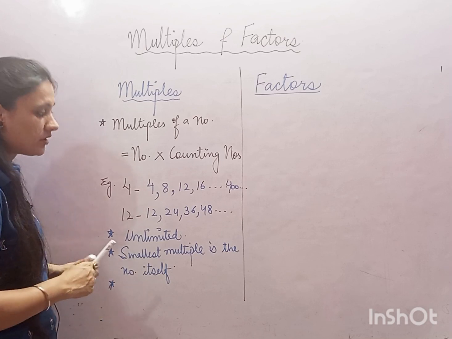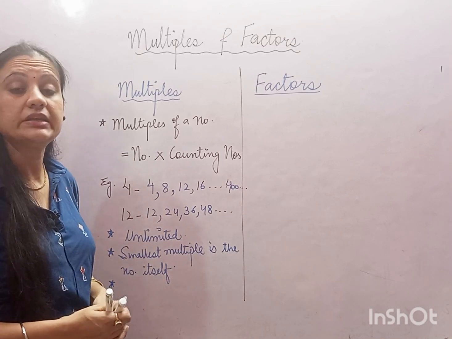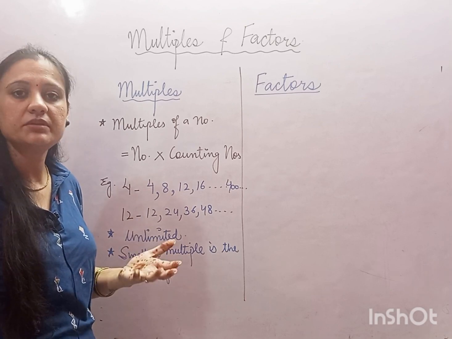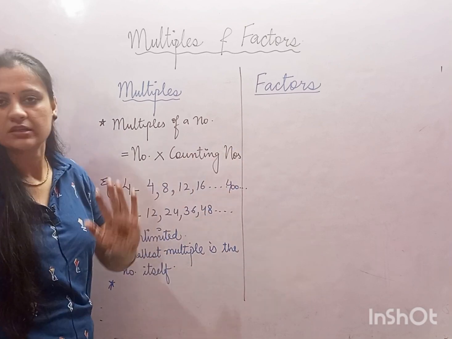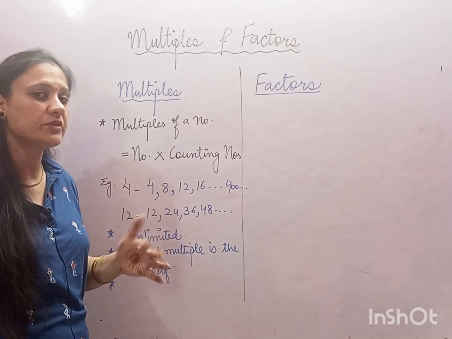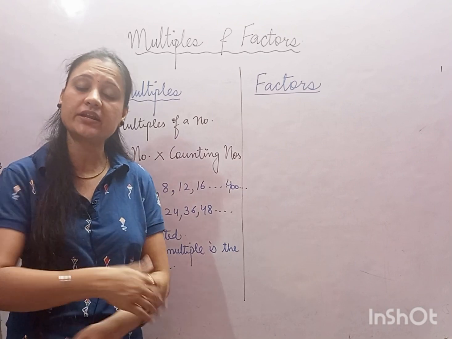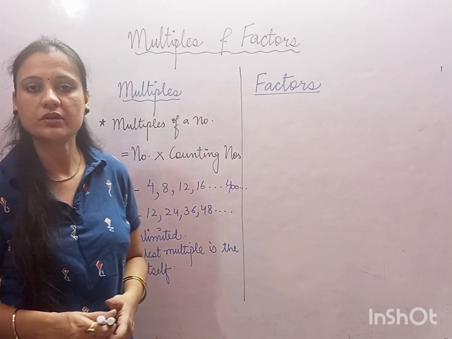Third thing which we observed is we can't find out the greatest multiple. Can you find out the greatest counting number? No. In a similar way, we cannot find out the greatest multiple. We can find out the smallest because we know that is the number itself. If somebody asks you what is the smallest multiple of 97, that will be 97 only.